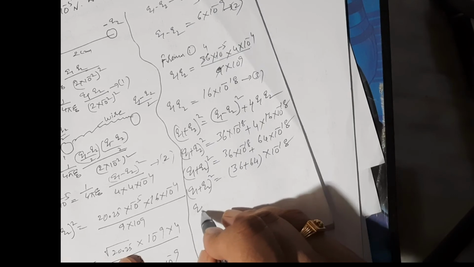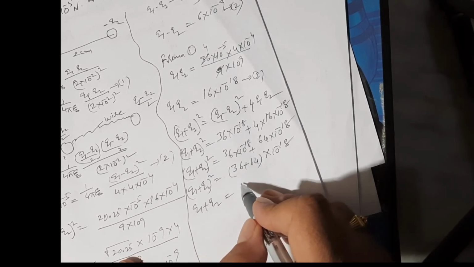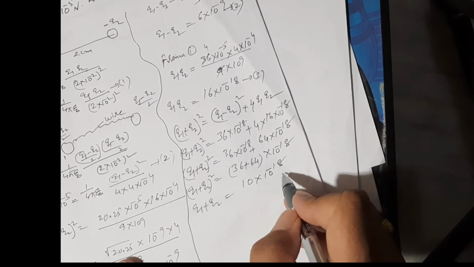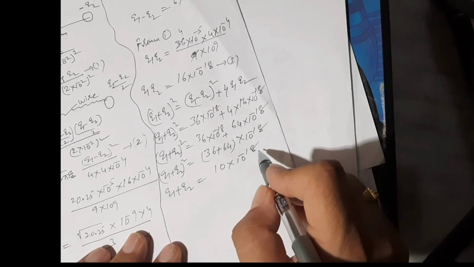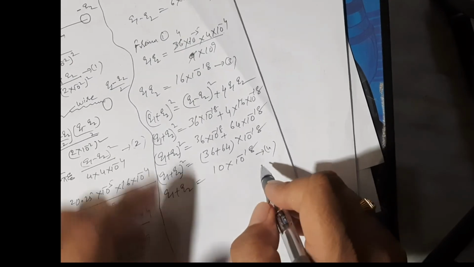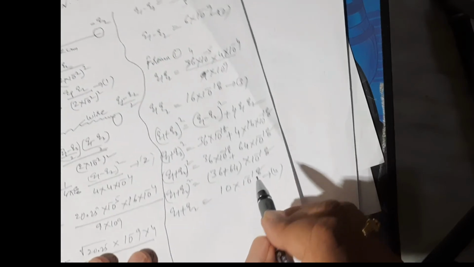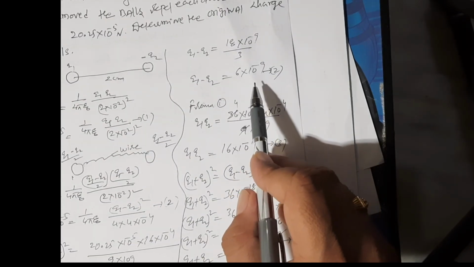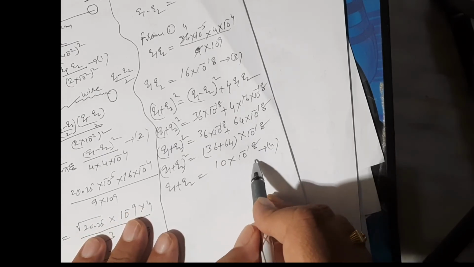That is 100. The square root of 100 is 10. So q1 plus q2 is 10 into 10 to the power of minus 9. This is the fourth equation. Now q1 minus q2 is equal to 6 into 10 to the power of minus 9, and q1 plus q2 is equal to 10 into 10 to the power of minus 9.